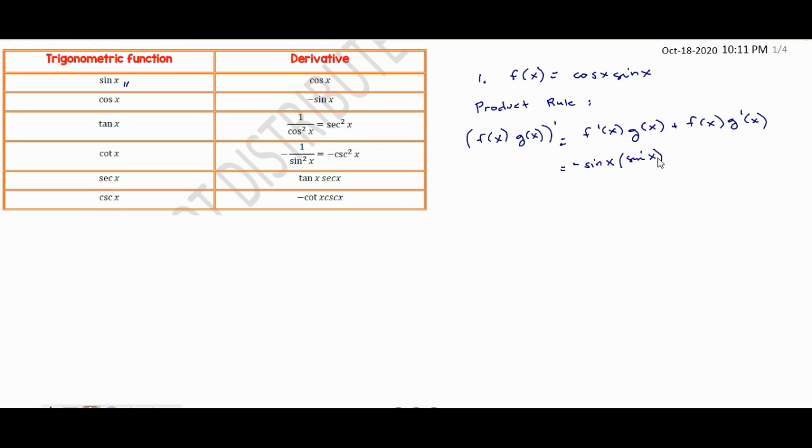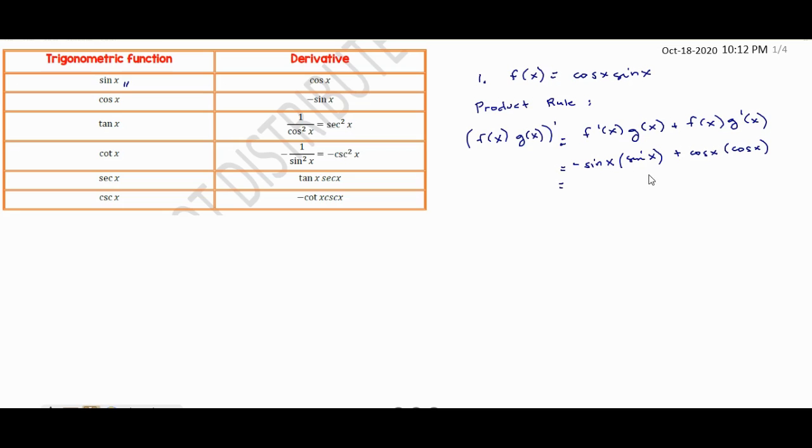And after that, let's go to the second term. It is the product of the first function, which is cosine x, multiplied by the second function's derivative. The derivative of the second function is, okay, let's look at the table again. The derivative of sine x is cosine x. So multiply it by cosine x.